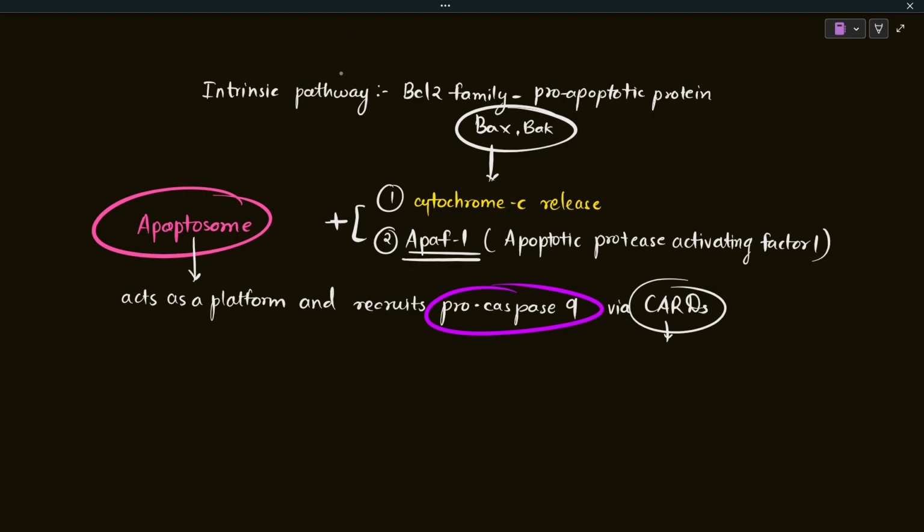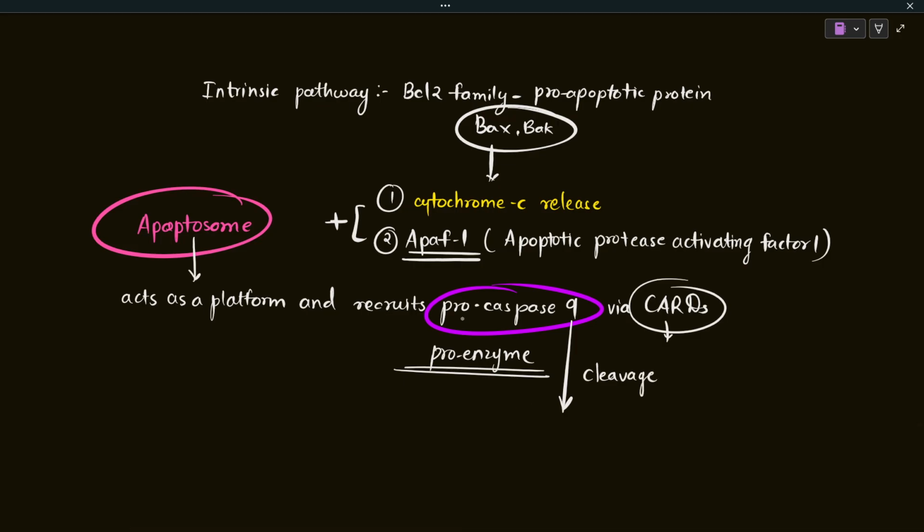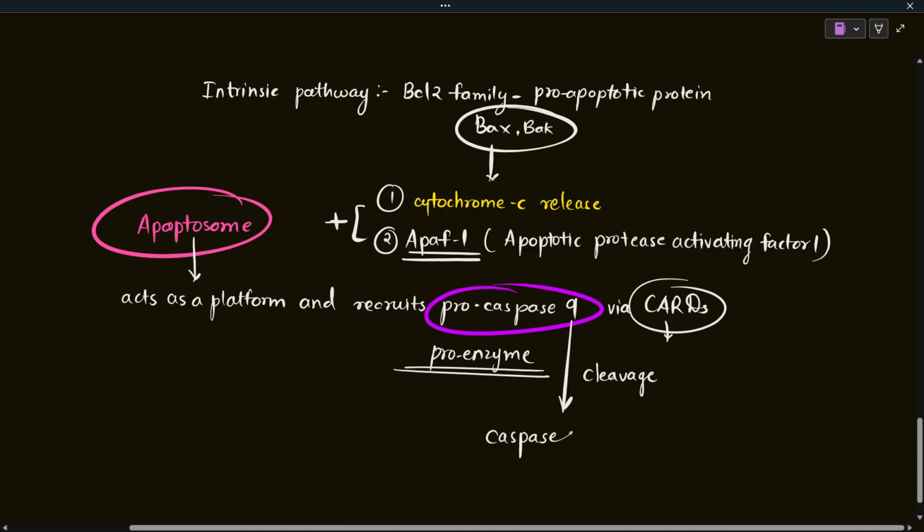Procaspase 9 is a proenzyme. Proenzymes are the inactive form of enzymes, so they get cleaved. It undergoes partial proteolysis, partial digestion, and gets converted into caspase 9.